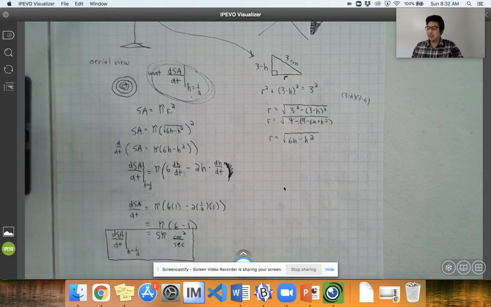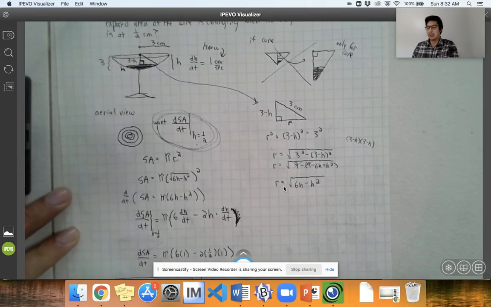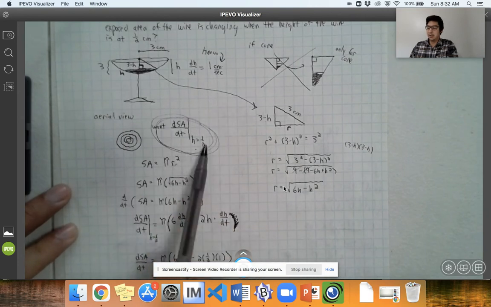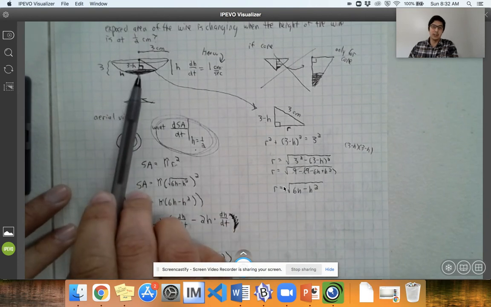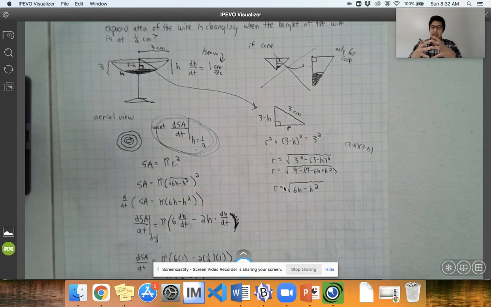Which you might think, man, that's a pretty large number, 5 pi, about 15 centimeters squared per second. But what you can think about is when it's 1/2 centimeter tall, the wine's going to be very small. At the very bottom of a glass, the area from the top fills up quicker than towards the end, when it starts to slow down because the width of the glass is getting wider.